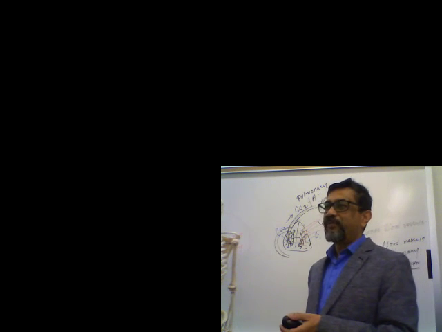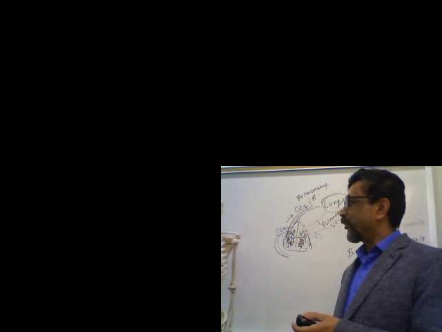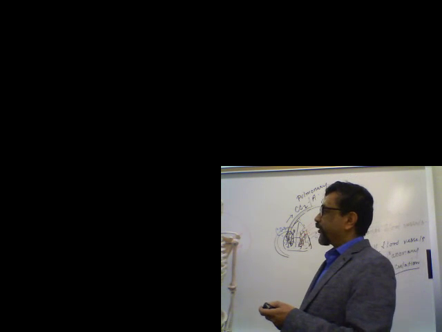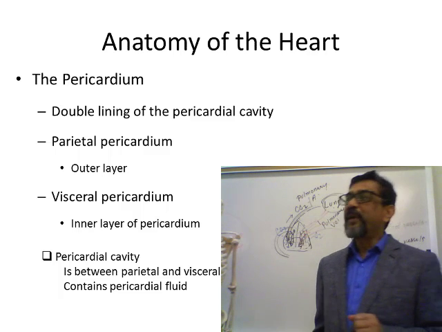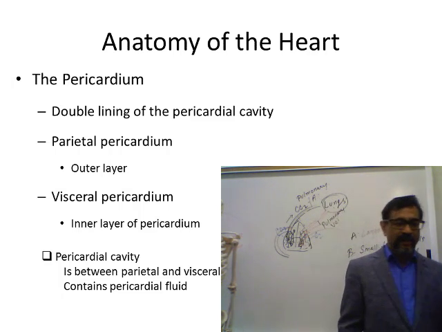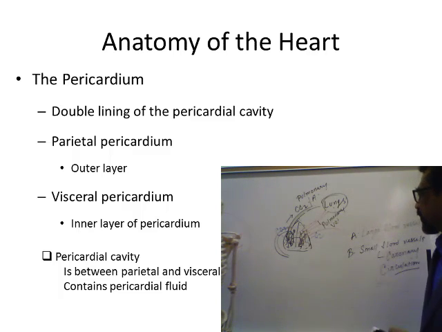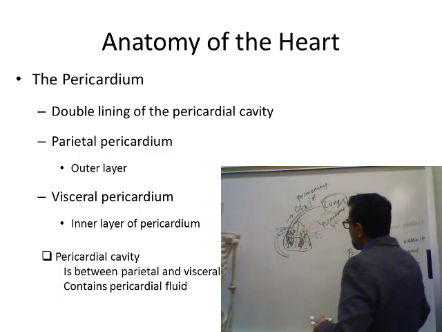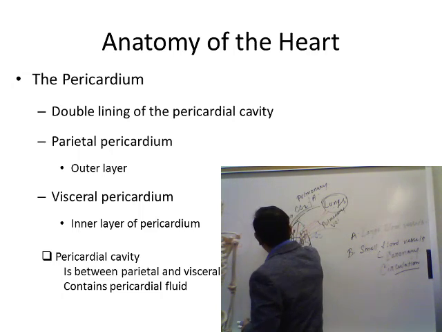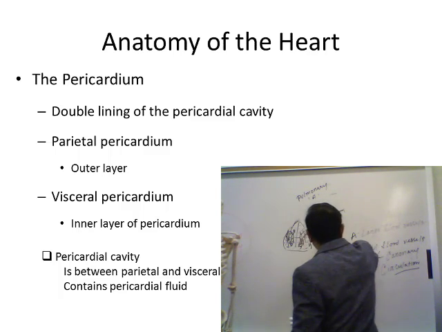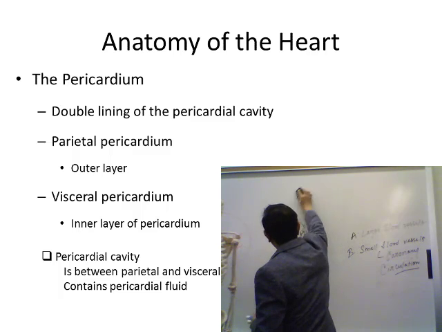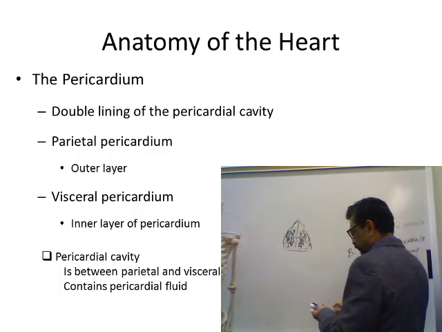Coverings of the heart is the pericardium. Peri is around, I have mentioned already. So around the heart, you have a connective tissue covering. That is the pericardium. Now, that pericardium has two layers.